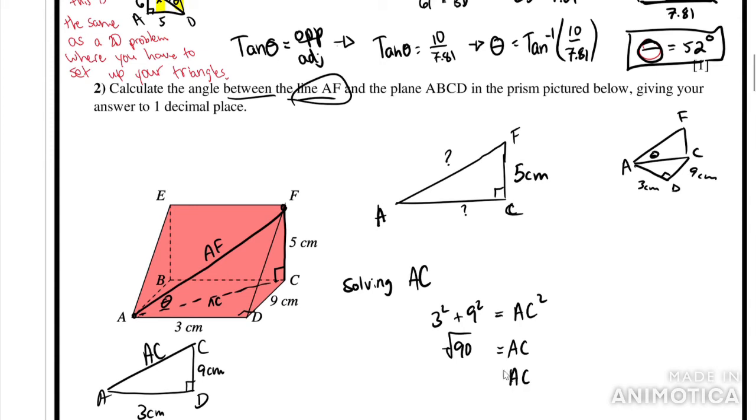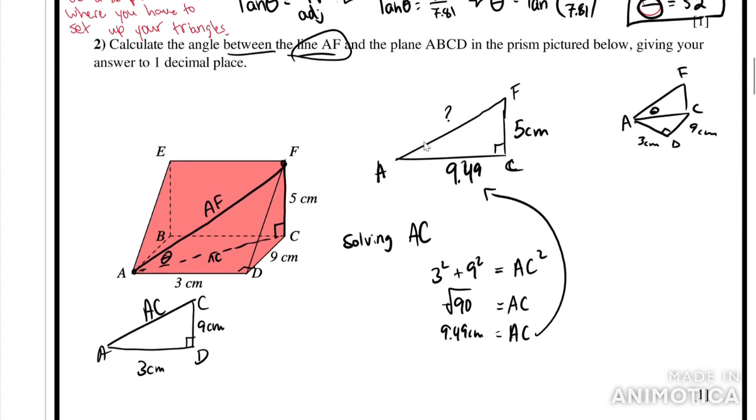So A to C is equal to 9.49 centimeters. So I now can take that value and plug it in here. And from there, the angle I'm trying to solve for, I'll call it by its proper name, CAF, is equal to theta, so that's what I'm trying to solve for.